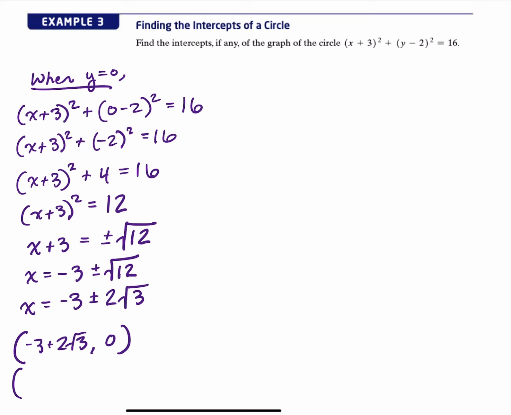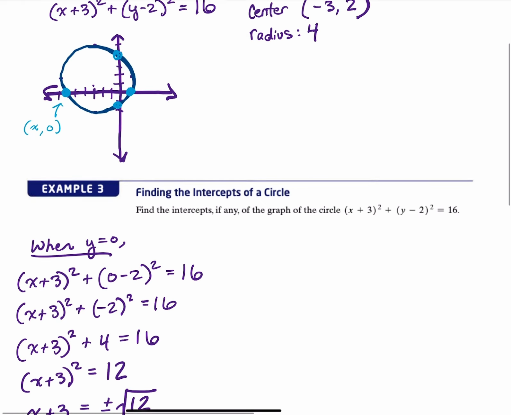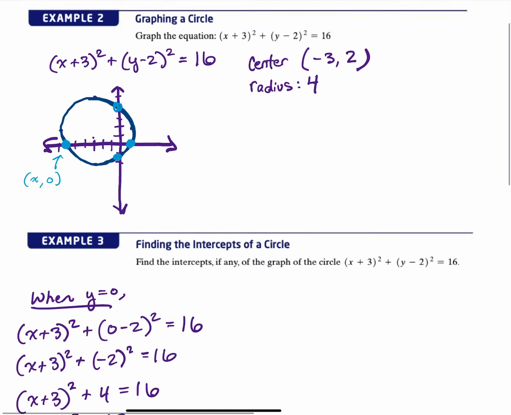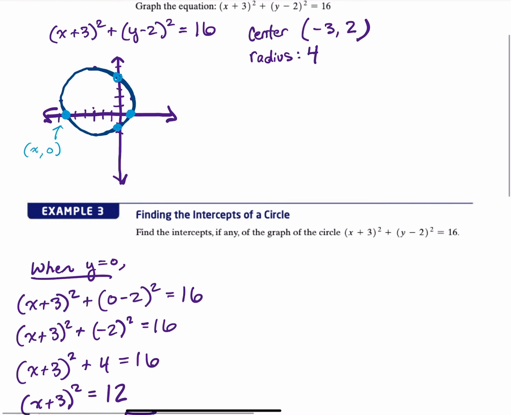Our second one would be negative 3 minus 2 root 3. So that plus or minus gives us 2 points, and that's what we're seeing here. We have negative 3, and this distance, either to the left or the right of our center point, is a distance of 2 root 3.